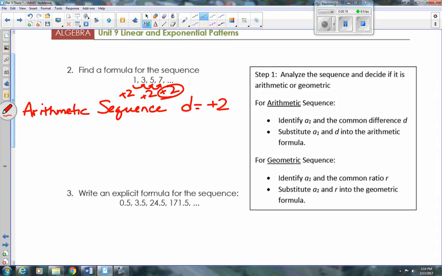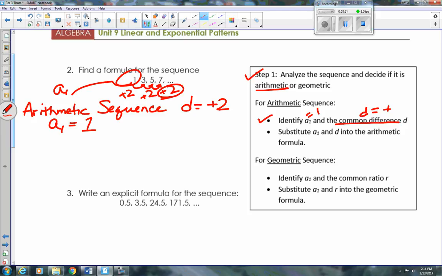And the next thing that I'm going to do then is follow my steps. I've already analyzed the sequence, and I decided that we have an arithmetic sequence. So I'm going to identify A1. A1 is my first term. So the first term of the sequence, the very first one, is 1. And I want to identify the common difference, which we did.